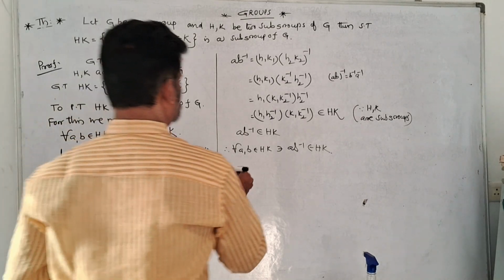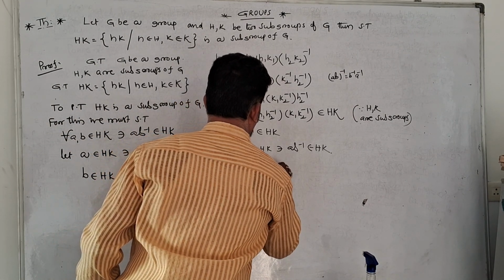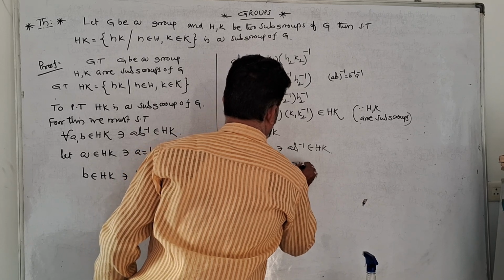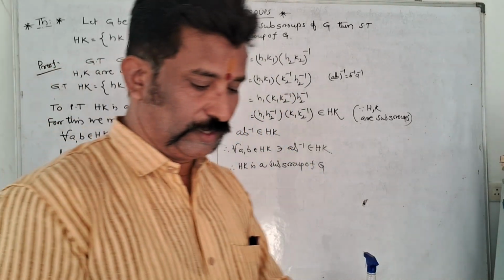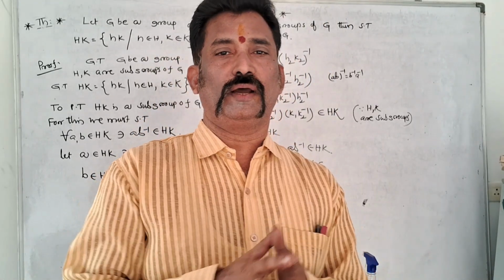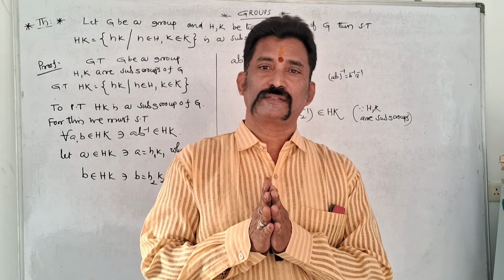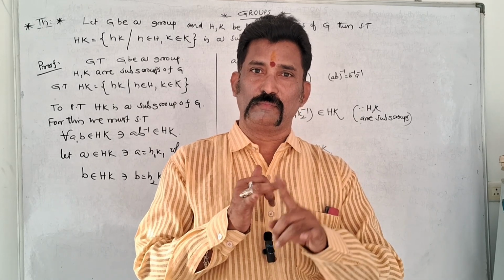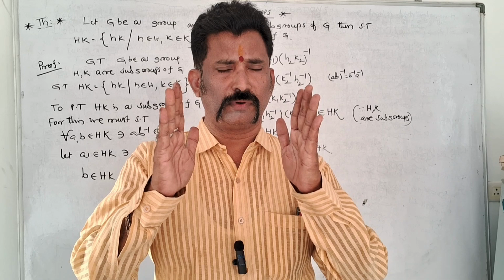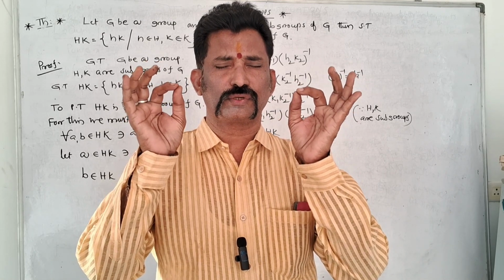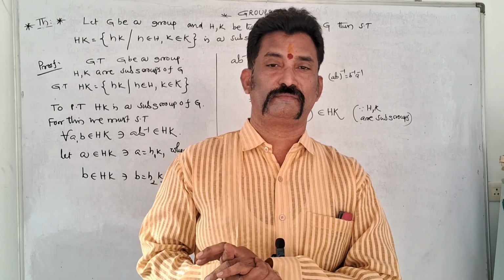Understood? Therefore, HK is a subgroup of G. I repeat. To prove that HK, equal to the set of h into k such that h belongs to H, k belongs to K, is a subgroup of G: subgroup means, remember this, a, b belonging to H implies ab inverse belongs to H. One condition, enough.